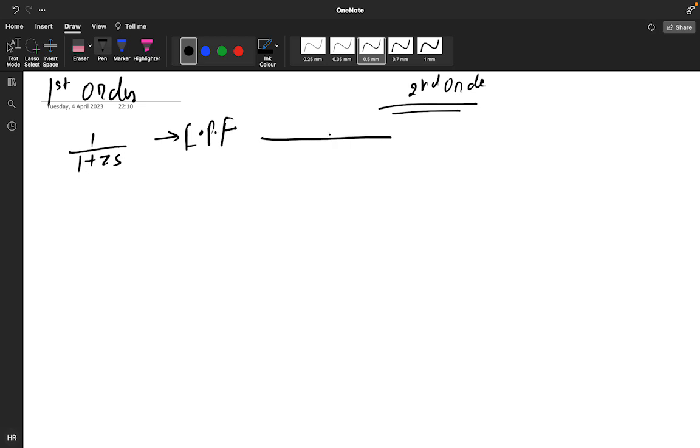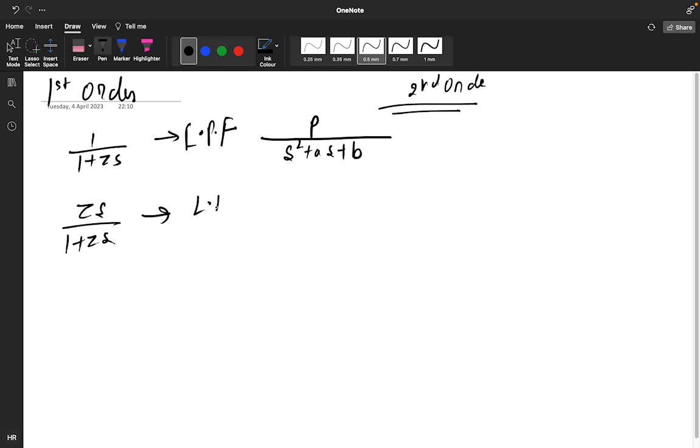Second order low pass filter will be p divided by s square plus as plus b. So this is your second order low pass filter. First order high pass filter is tau s divided by 1 plus tau s. Low pass filter, high pass filter. And the second order will be p s square divided by s square plus as plus b.